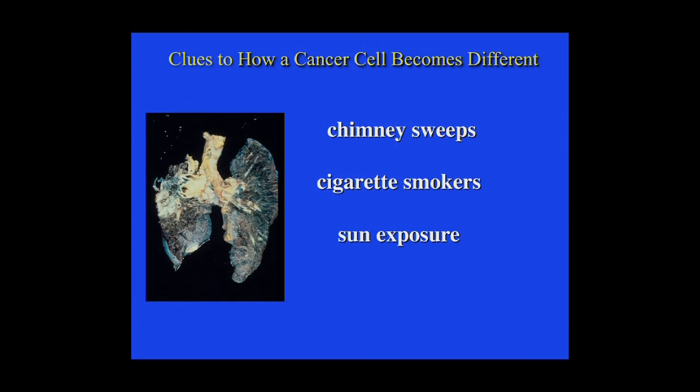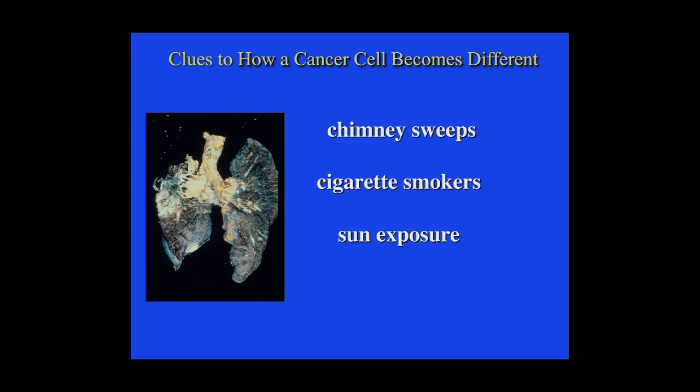That was the first link between damage and cancer. So the chimney sweeps, the little boys that could go down the chimneys and sweep them out, they had a very high rate of cancer because they didn't wash as often as they should, and the soot is a carcinogen on the skin, and it resulted in cancer.